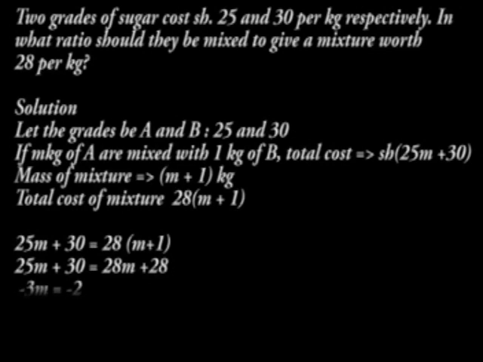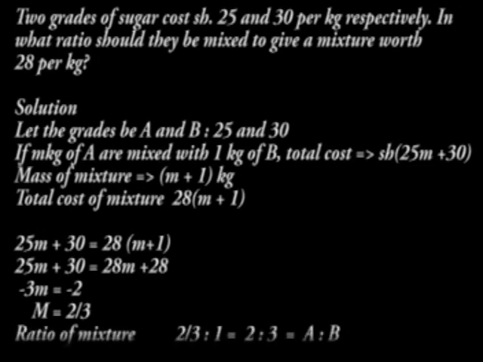Total cost of grades separately before mixing is equal to the total cost of the mixture, that is 25m plus 30 should be equal to 28 into m plus 1, and solving that, m is 2/3. The ratio of the mixture is therefore 2/3 to 1, which is 2 to 3 in the ratio A to B.